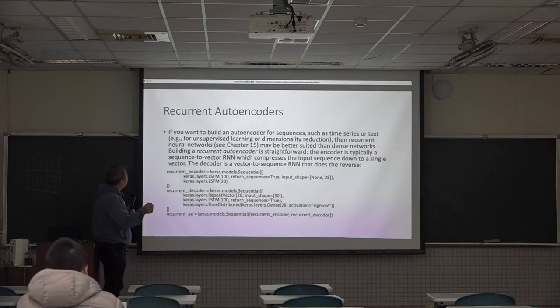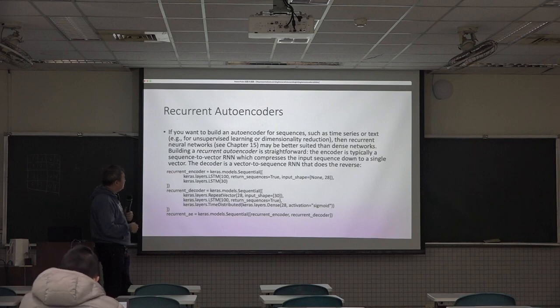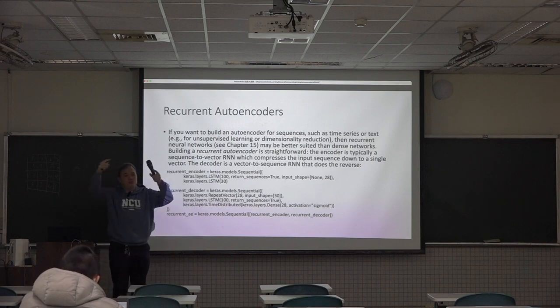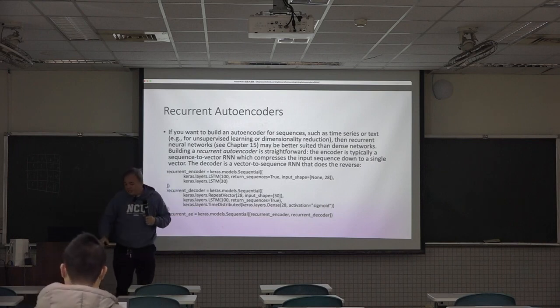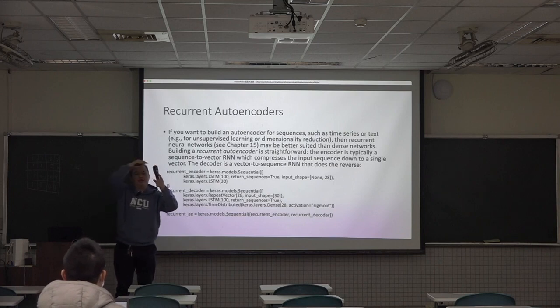You can also create a recurrent autoencoder. This is an example. In Fashion MNIST, we treat each image like a sequence, row by row.